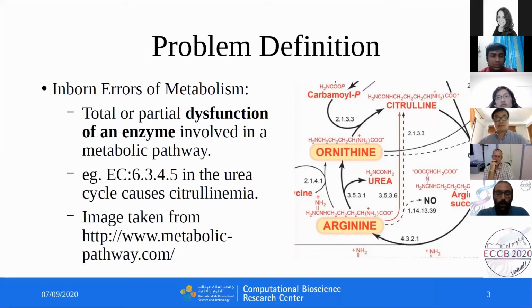It is actually quite easy to detect this disease once you know it. In fact, the citrulline is called a biomarker for this disease, and it is used for targeted screening on newborns.